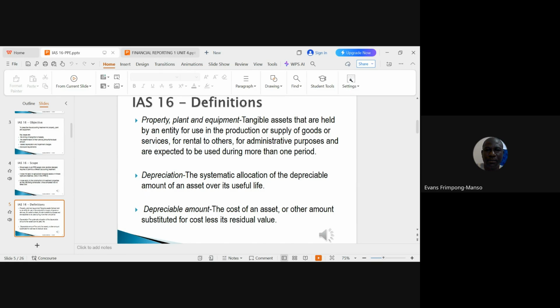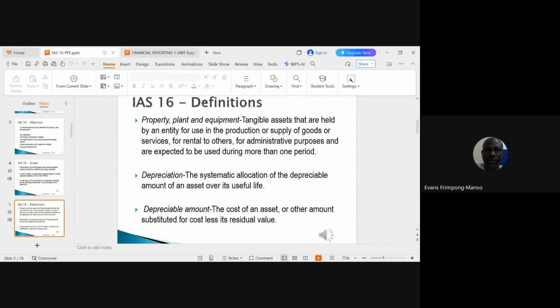So the organization can use them themselves to produce goods or supply services, or they can rent them out to others, or use them for administrative purposes.